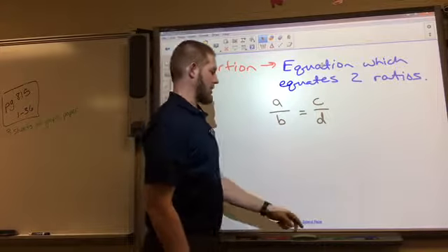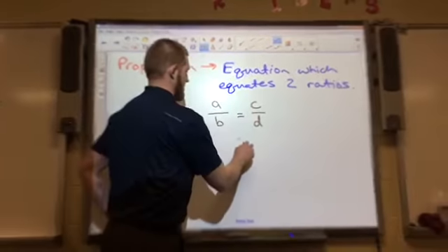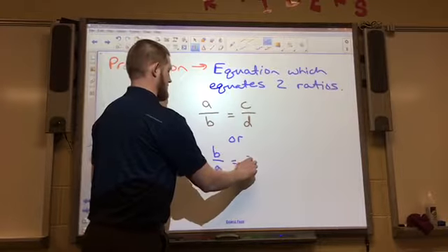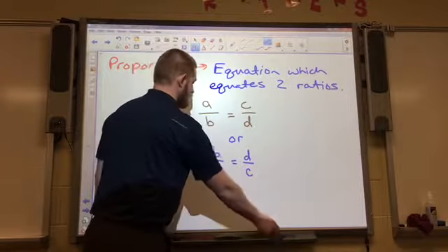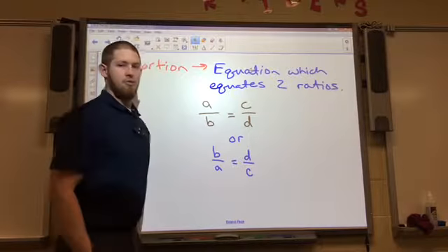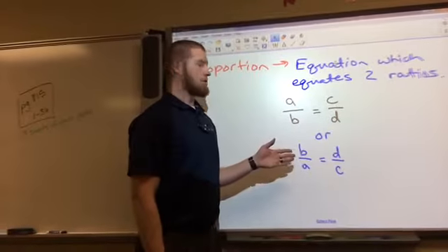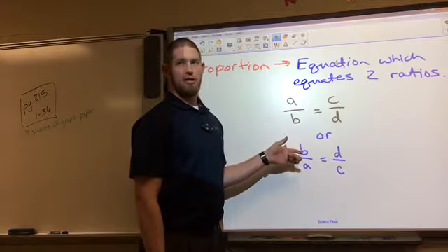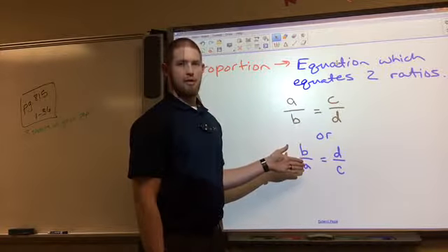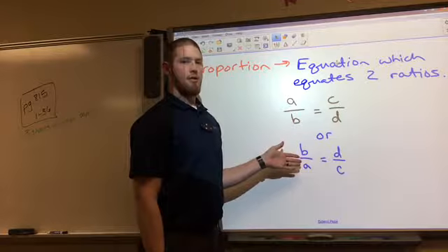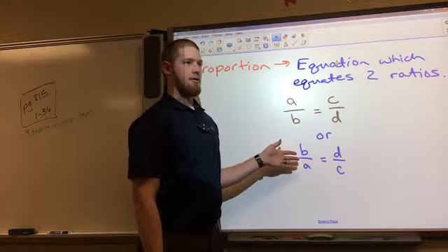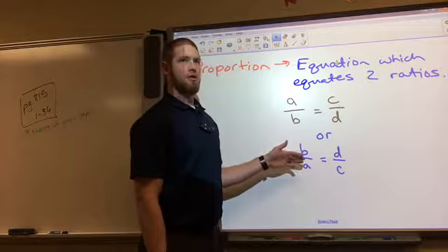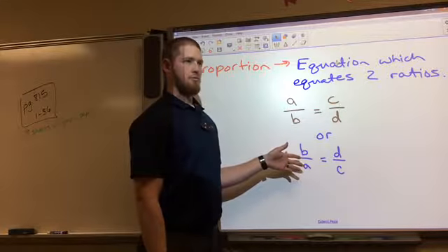Now you also got to be aware that this can also be written as B over A equals D over C. Okay, so the main thing that I want you to be aware of there is just be careful. You might not have something written the exact same way as somebody else does. Is that okay? Yes, that's fine. You just have to make sure, and we'll talk about this a little bit later, they have something in common.